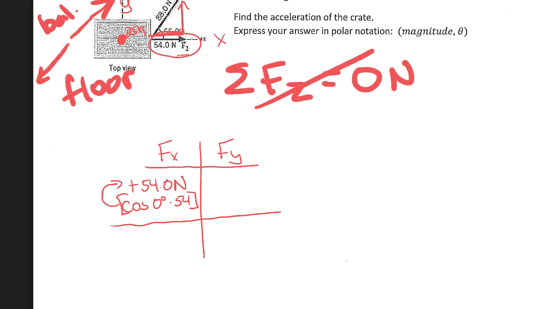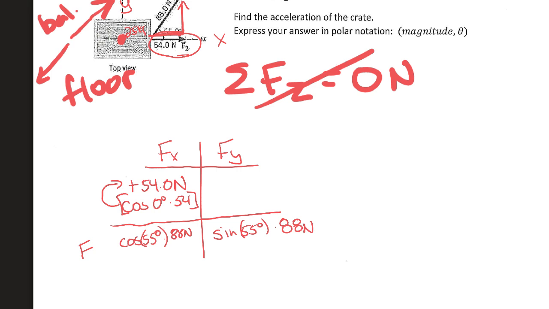We're going to go to F1, and find its x component, cosine of 55 degrees times 88 newtons, and then the y component, sine of 55 degrees times 88 newtons. Take out your calculator. Let's find those two components.